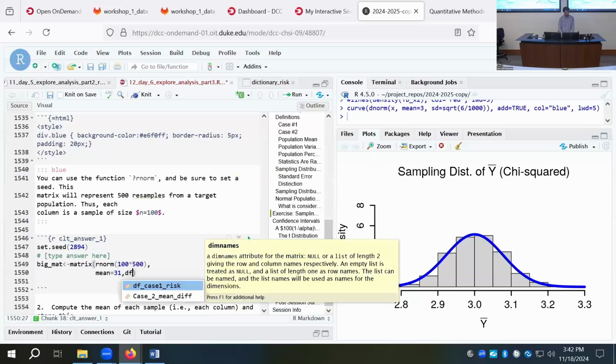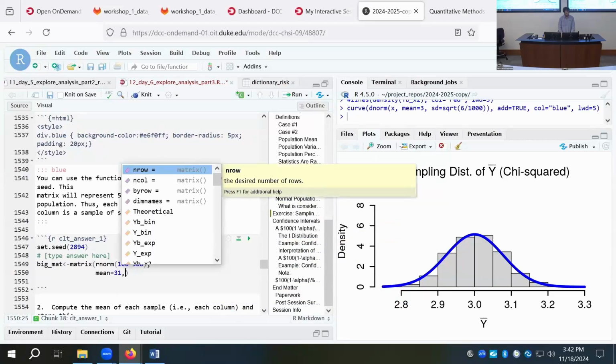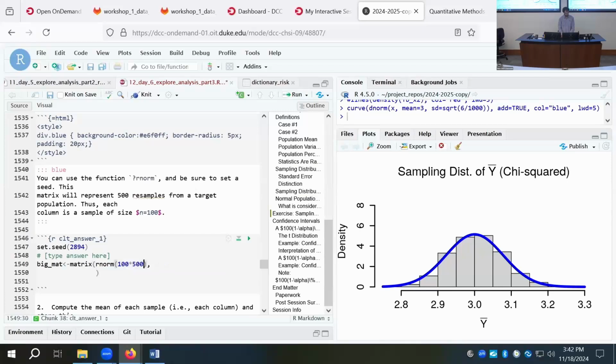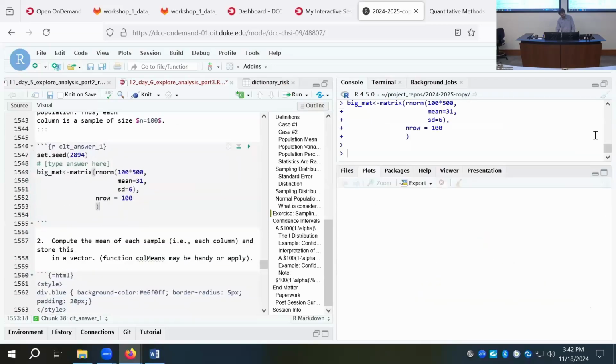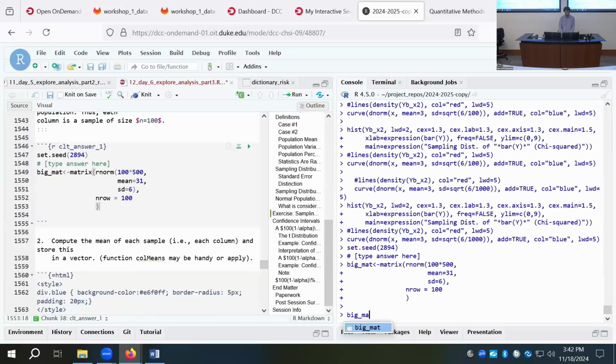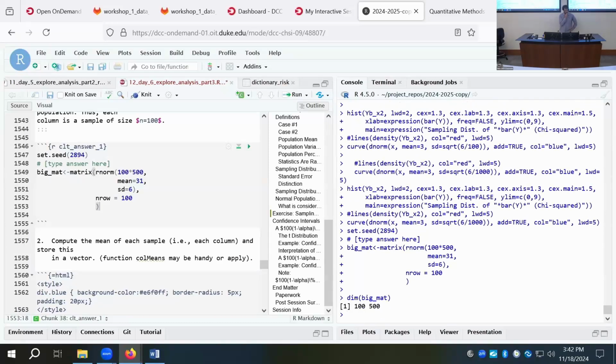And we'll do a standard deviation of 6, and number of rows equal 100. So this is going to give us a big matrix that is 100 by 500, where each column represents a replicate of the study, let's say.